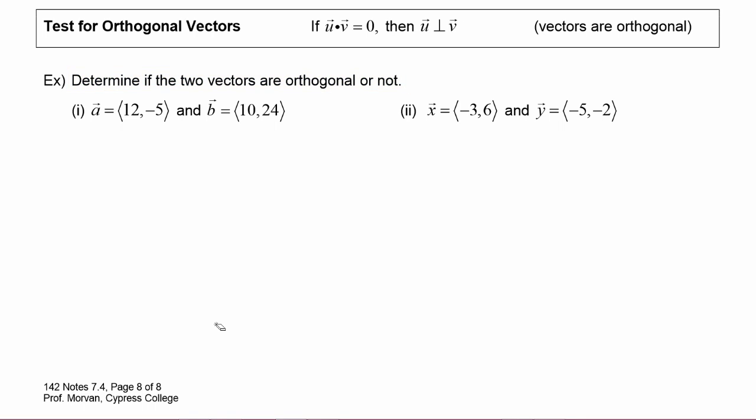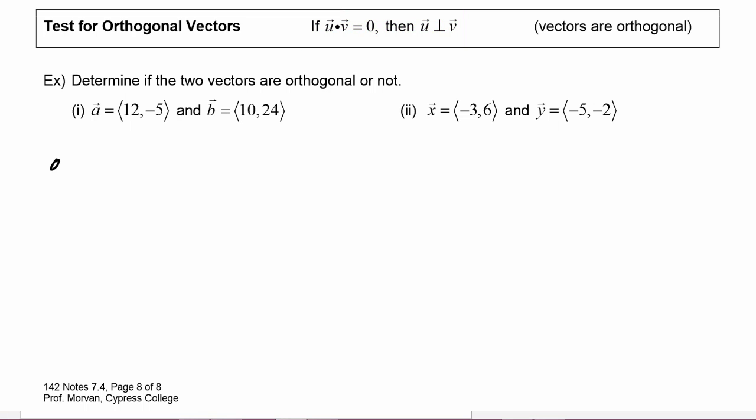So we know that all we have to do is look at the dot product. If the dot product is 0, the vectors are orthogonal. If the dot product is not 0, then the vectors are not orthogonal.